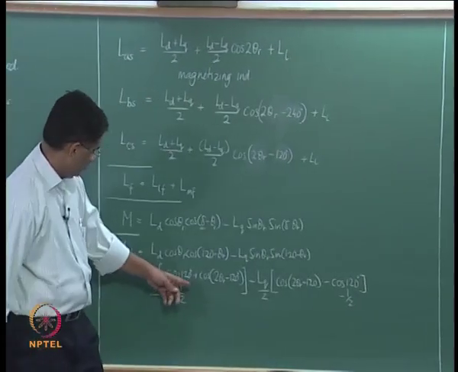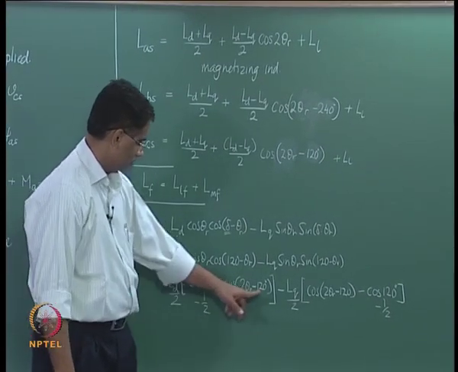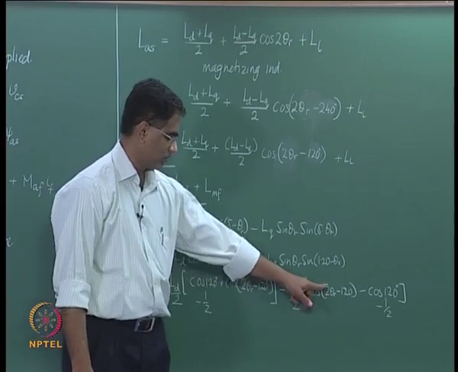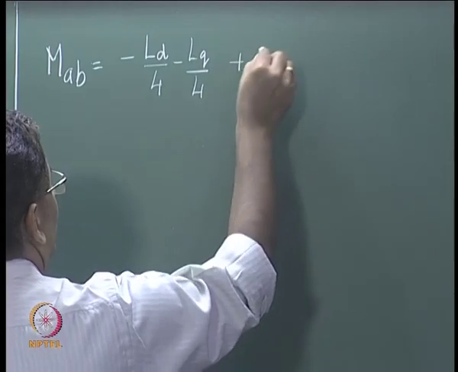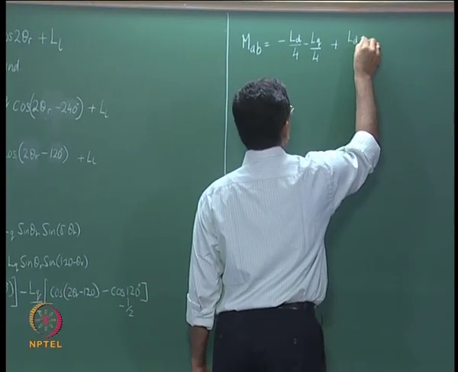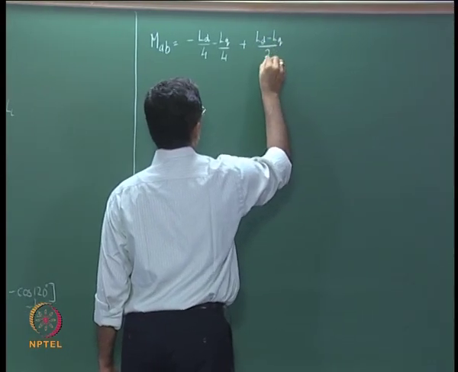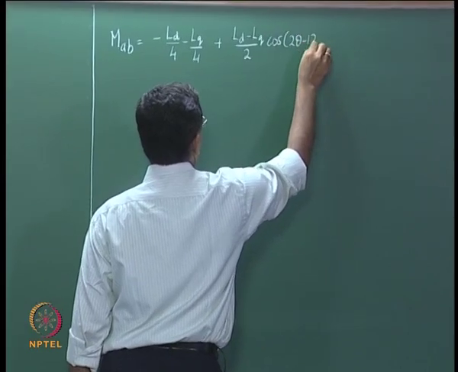and then you have LD by 2 minus LQ by 2 into cos 2 theta minus 120. So you have plus LD minus LQ by 2 into cos of 2 theta r minus 120 degrees.